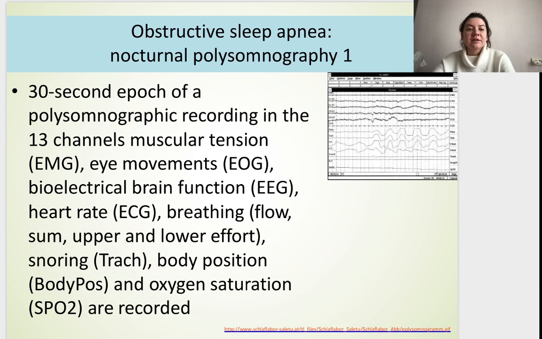In a 30-second epoch of polysomnographic recording in 13 channels, muscular tension, eye movements, bioelectrical brain function, heart rate by ECG, breathing, snoring, body position, and oxygen saturation are recorded.